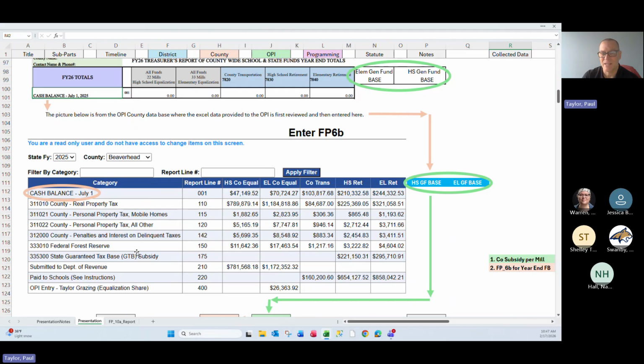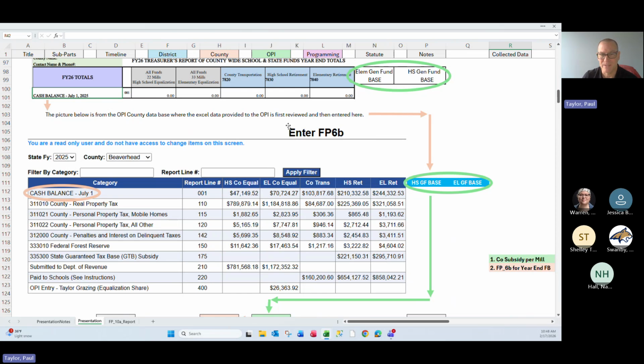Federal Forest Reserve, there's an actual formula for how much needs to be distributed to each fund. The amount of GTB here for, in this case, retirement, there's a calculation that we can determine if the value is correct. And we want to have some accuracy in this. It's not that we don't trust our counties. We certainly do. It's just that more eyes on something is a help, and we do take some time to make sure that we have the values correct before they get finalized into this calculation so that we know that the ending fund balance is as correct as it can be.